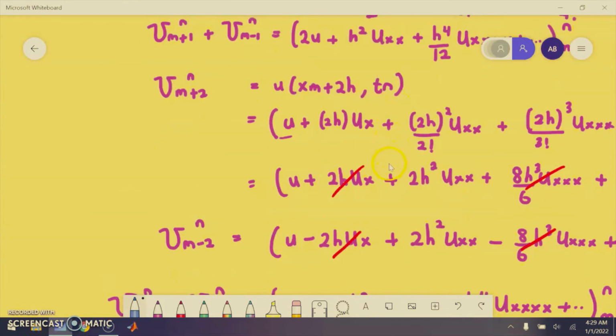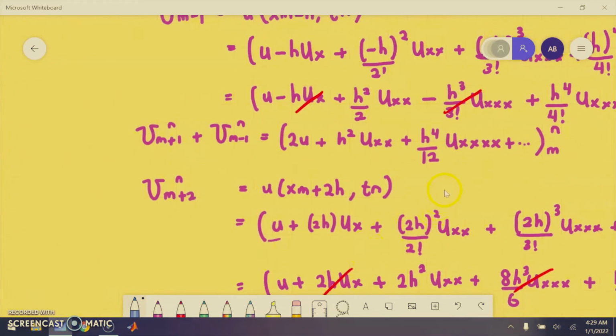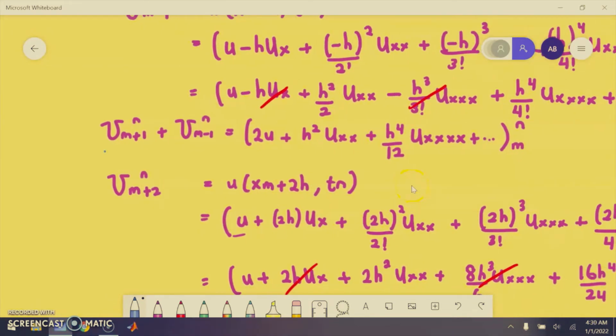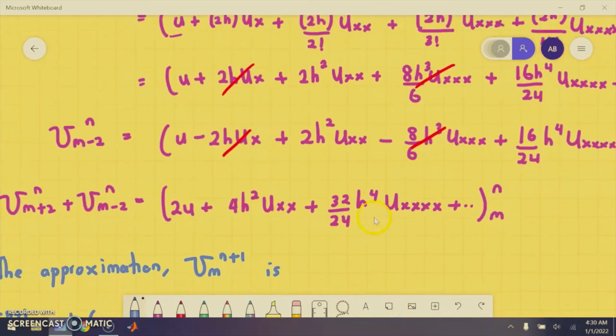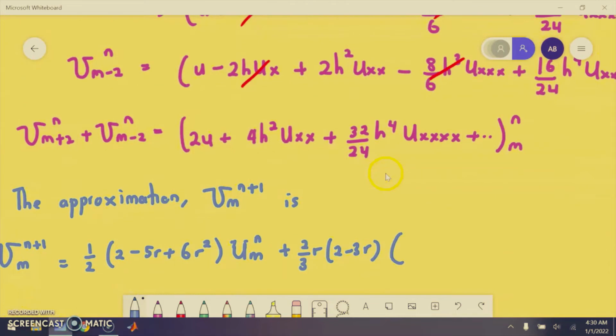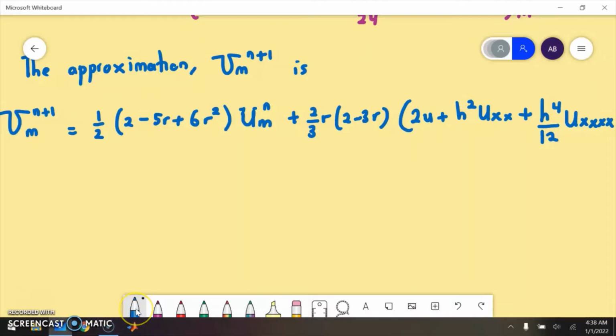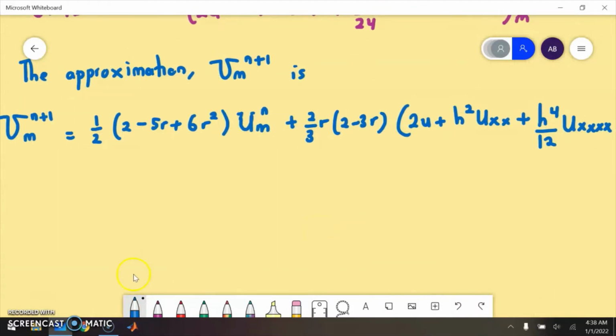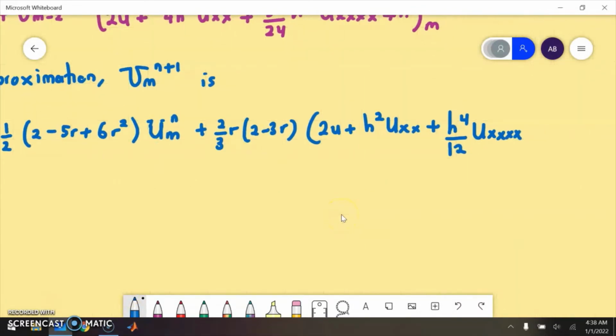This term here, m plus 1 and m minus 1, which is 2u plus h squared u_xx plus h to the 4 over 12 times the fourth derivative, and so on, at m, n.